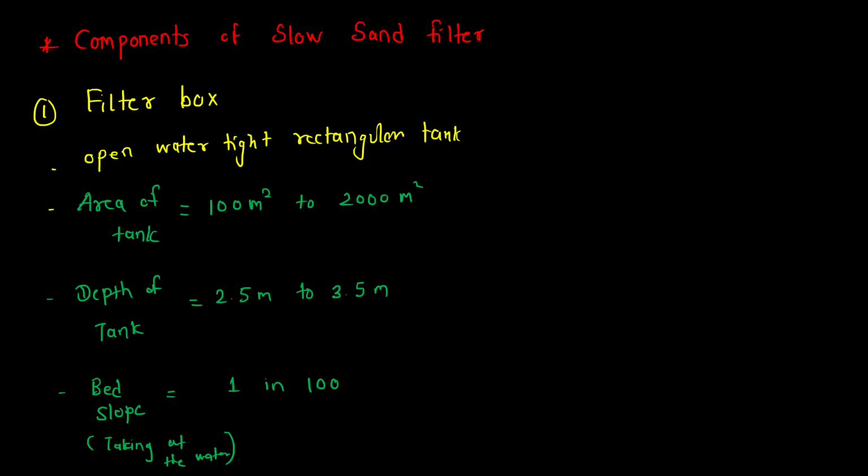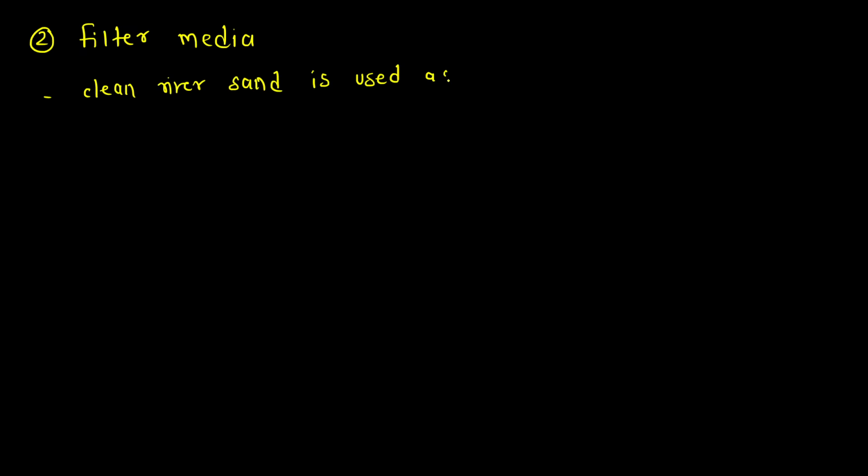Now in this box there are certain filter media, as we have discussed, silica sand or anthracite coal. So that comes in the next component, that is filter media. In this, clean river sand is mostly used as filter media.